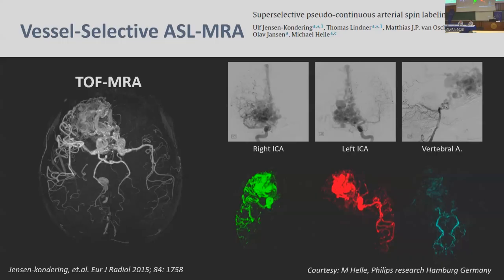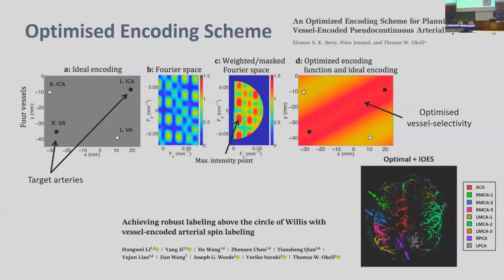Vessel selective ASL requires very careful planning of the labeling plane perpendicular to the target arteries, while avoiding any contamination or mislabeling from non-target arteries, working on multiple survey or localizer images. So radiographers cannot do this in a very busy examination slot. This optimized encoding scheme is trying to tackle this problem.